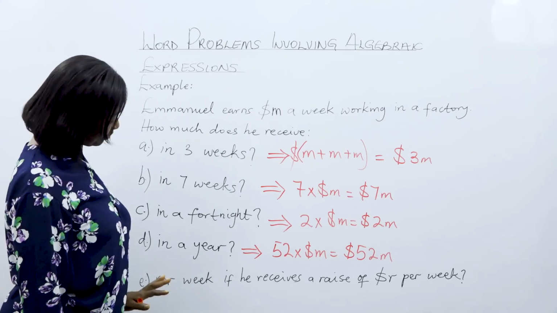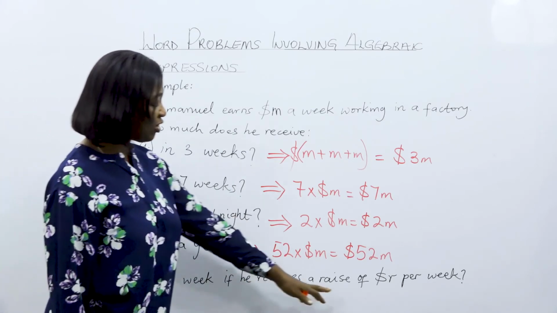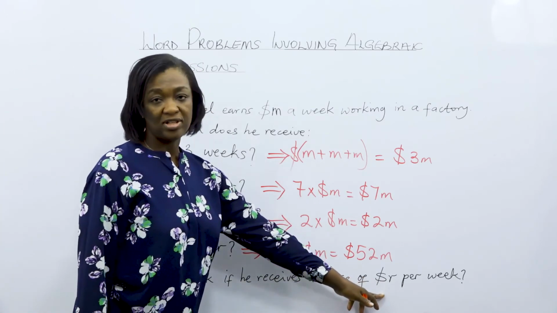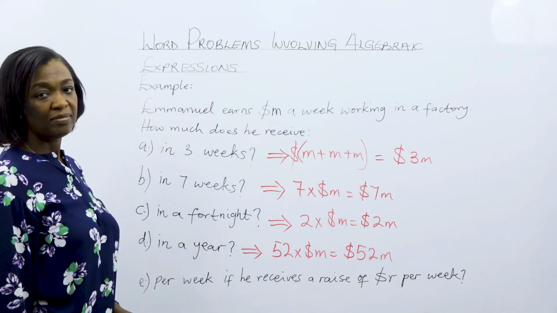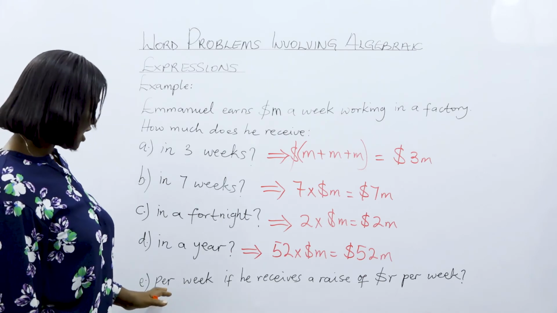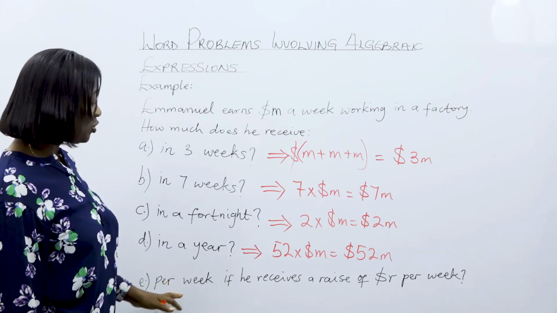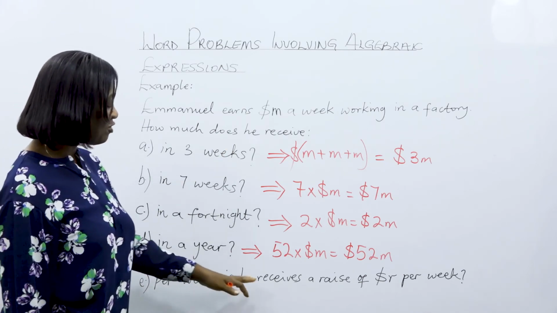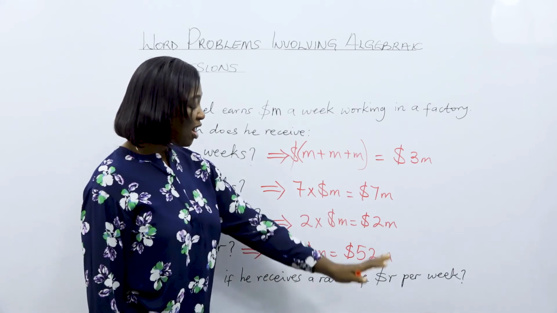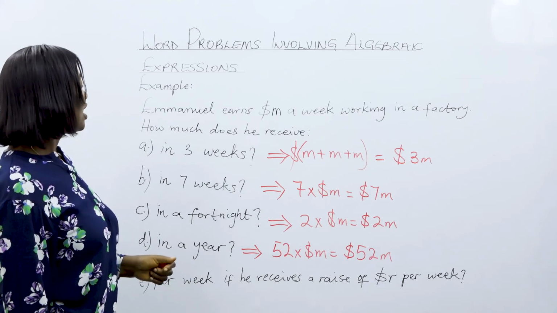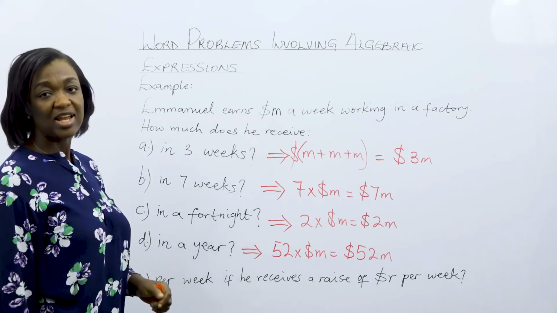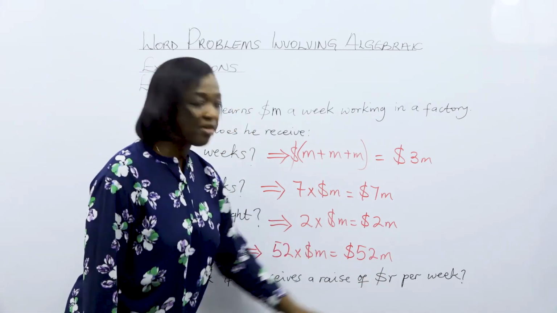And then he gets a pay raise of $R. How much will he earn per week? This last question says, how much will he receive per week if he receives a raise of $R per week? So initially he earned $M, and then he gets a raise of $R.